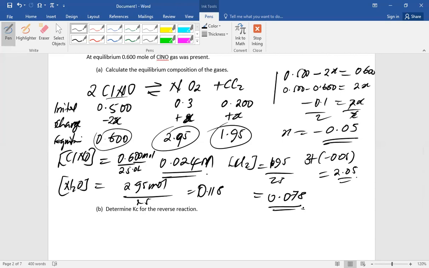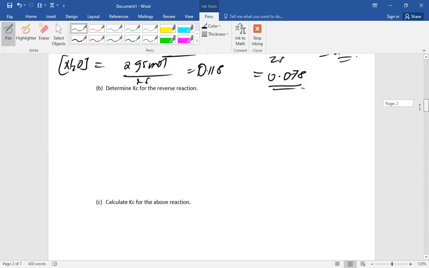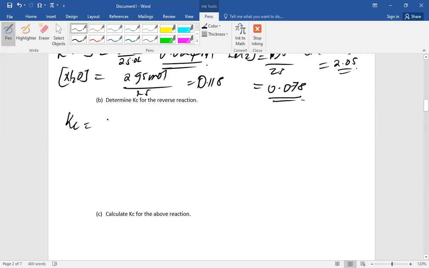I hope that one was clear. We go to question B, which is determine the Kc for the reverse reaction. So here, first of all, we need to know the Kc for the forward reaction. So Kc is given by what?